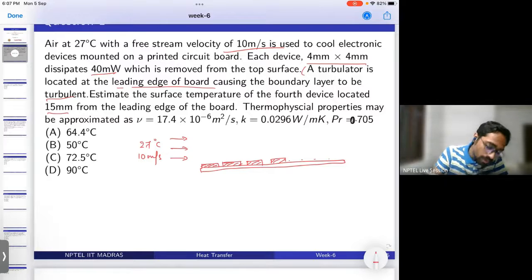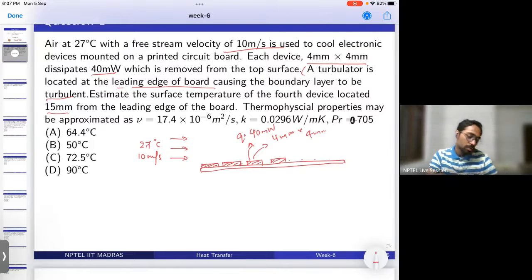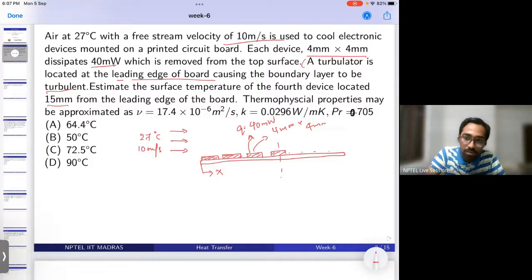The size of the device is 4 mm by 4 mm, and it dissipates a heat of 40 milliwatts. So this is our question. We are asked to find out the surface temperature at the fourth device, that is here. We take x like this. So we are asked to find out the surface temperature of the fourth device.